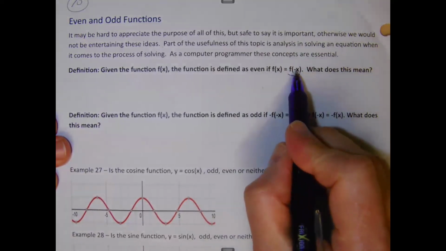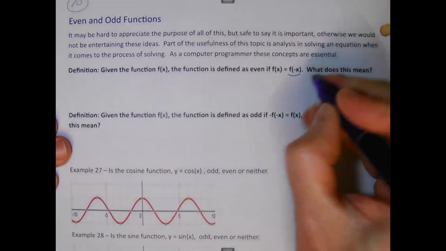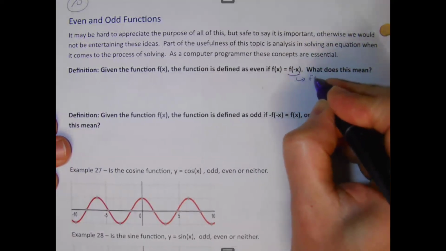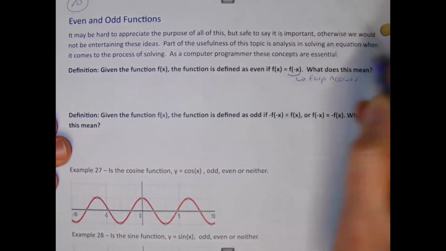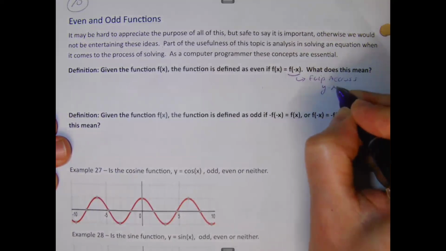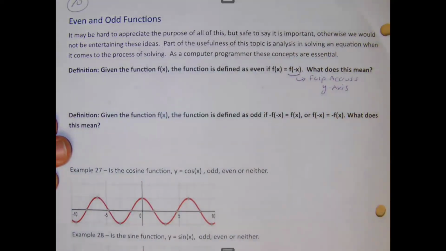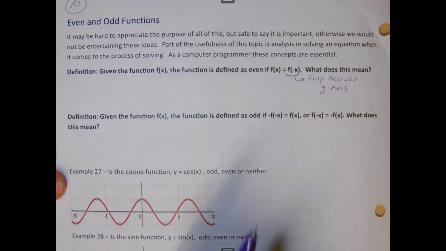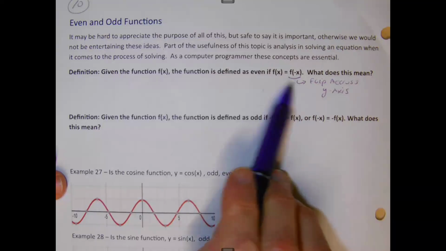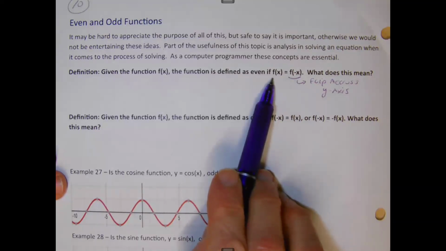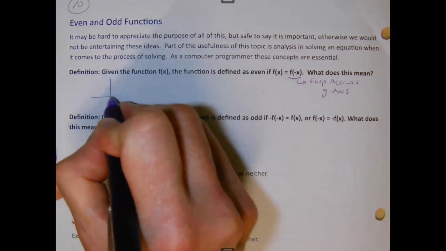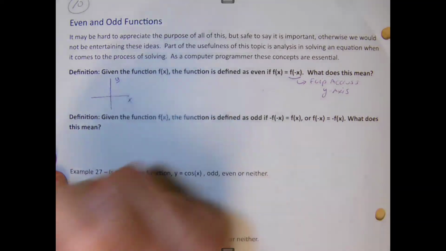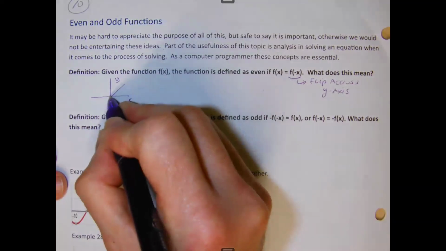What it says is flip across the y-axis. If you flip across the y-axis and you wind up with exactly the same function, then it is called even. So again, let's look at a particular function, the absolute value function.